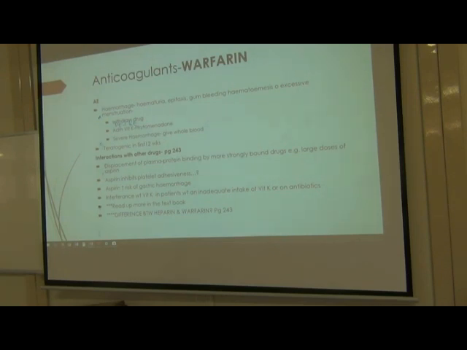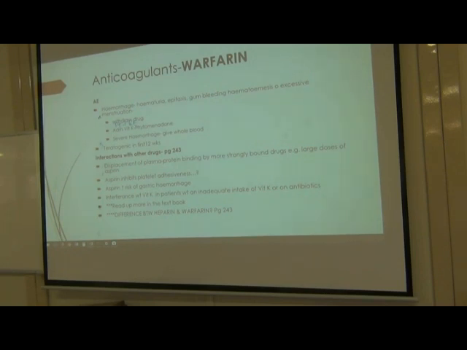So when you give both of them together, what happens? A synergy occurs, there is more anticoagulation, and the patient is at higher risk. Also, you shouldn't give them together because of the increased risk of gastric hemorrhage.